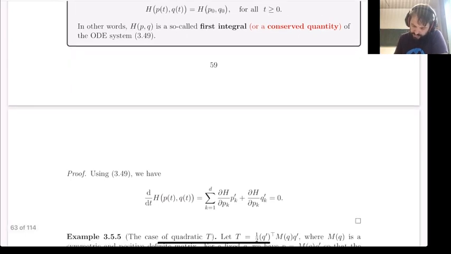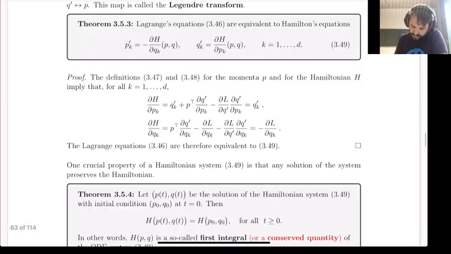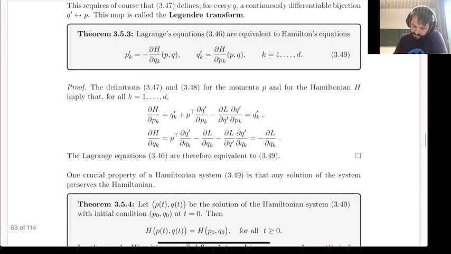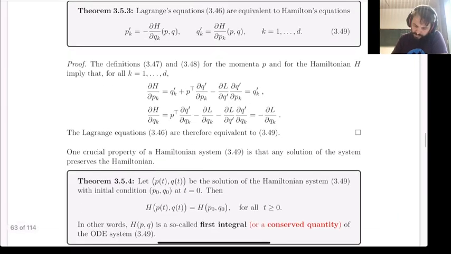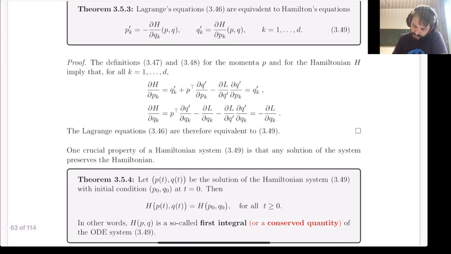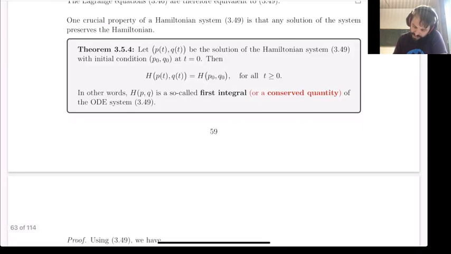So you need to think of this as being chain rule using 3.49. So we know that P prime, let's again write everything down that we need. P prime is minus dH by dQ, each component.